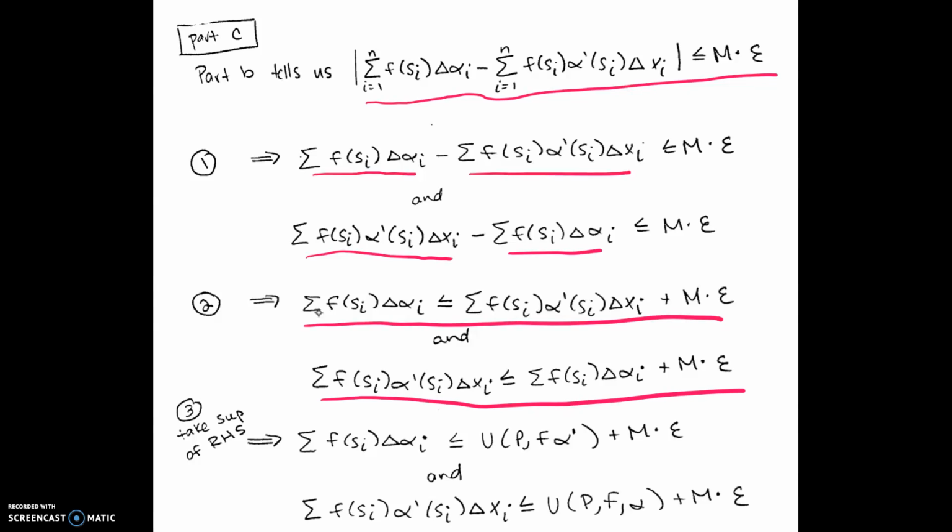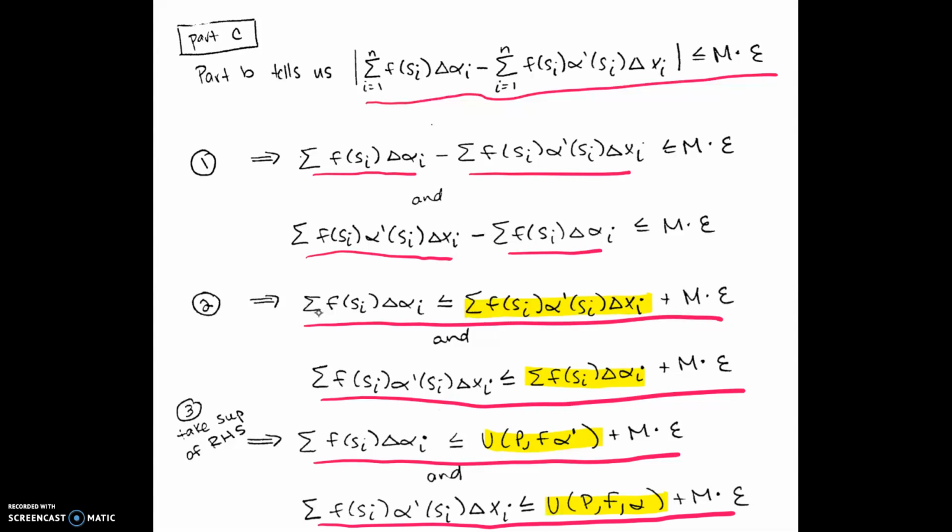Now I'm going to take the sup of the right-hand side. The sup of this right here would be U of P, f, alpha prime. And the sup of this right here would be U of P, f, alpha. So now our two inequalities look like this.